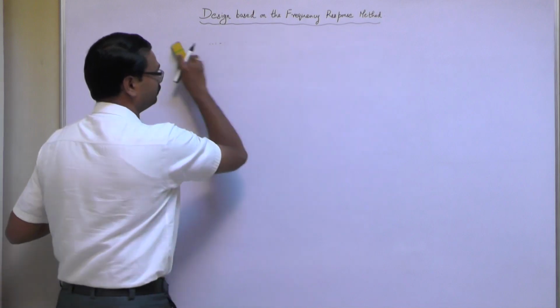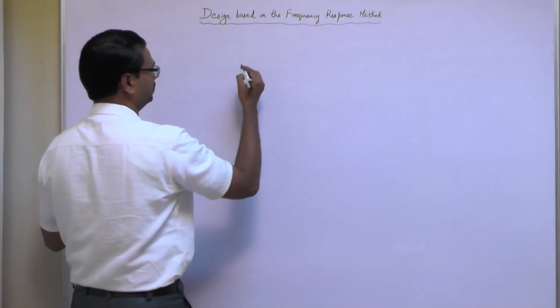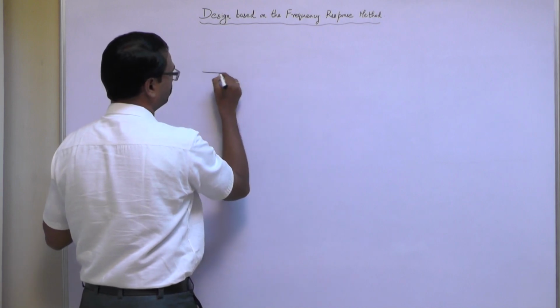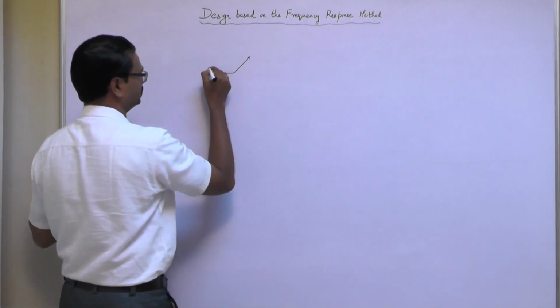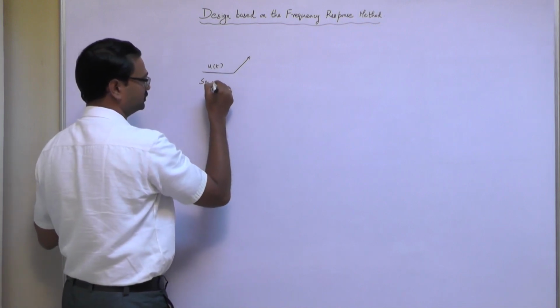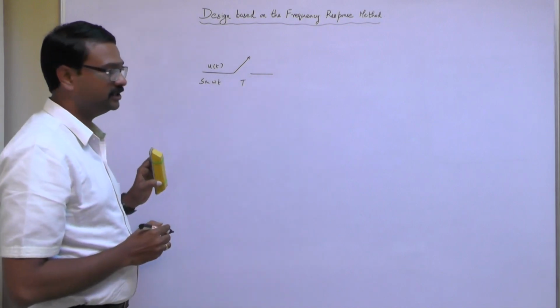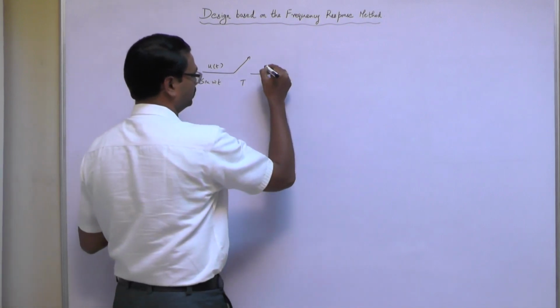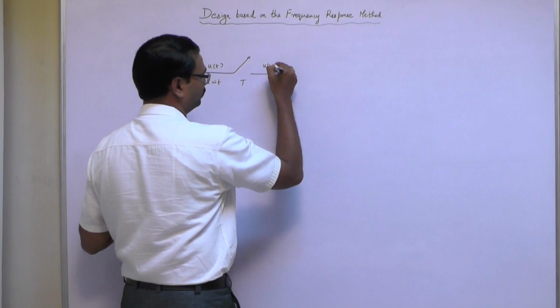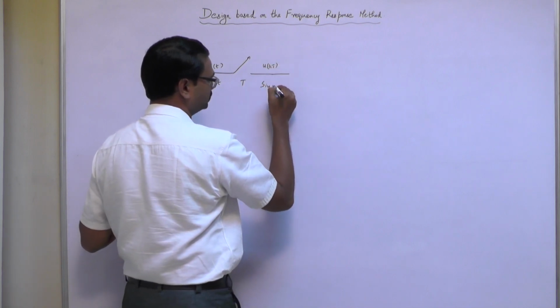For that, let us say u of t is our input signal, which is sine omega t, and this sampler with sampling period capital T, and therefore we will be having u of kT. Therefore, this can be sine omega kT.